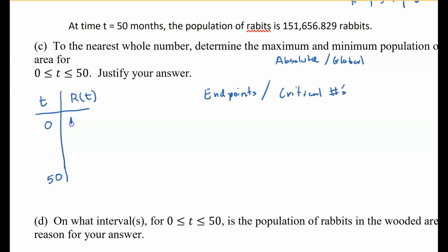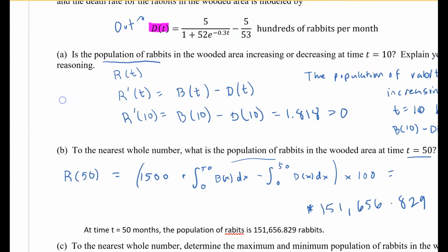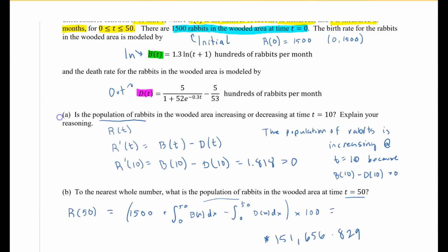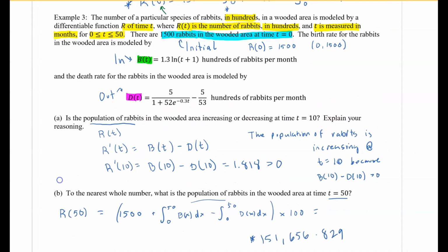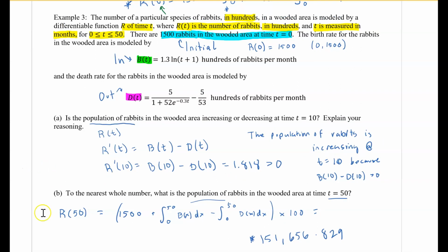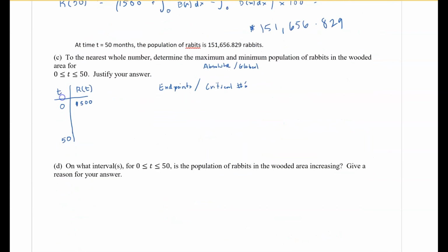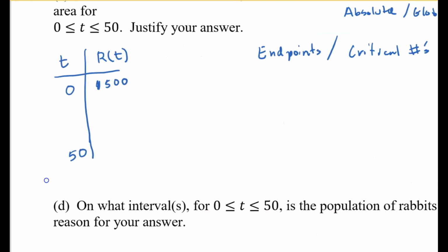Now, this question was nice. They already gave us the amount of rabbits at time t equals 0. They said that was 1,500. Oh, I see an issue on that last one. This is already not in hundreds, the 1,500. So I'm going to have to go back and adjust that last answer.